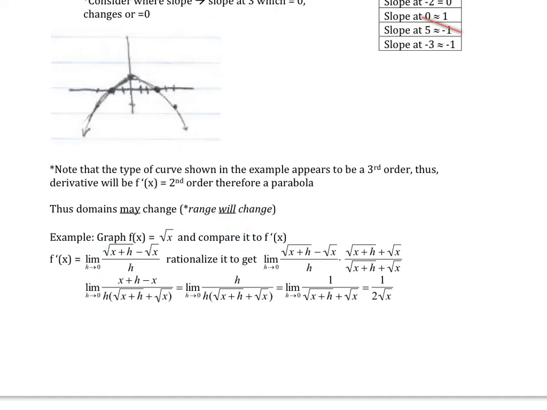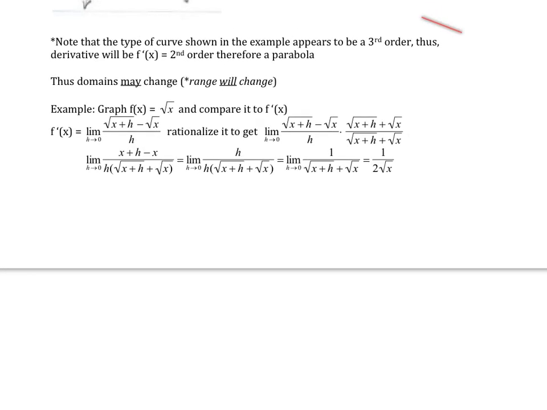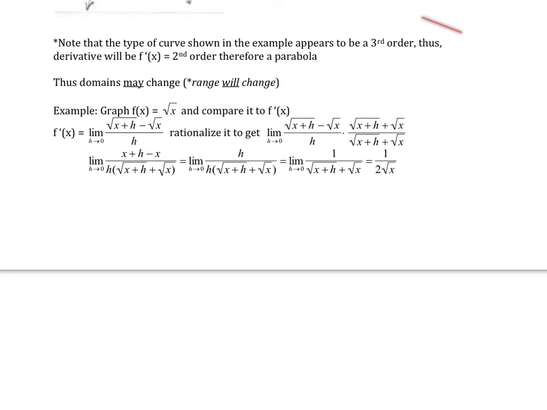All right, so let's do this next example, and we are going to graph, and I'll do this down here, f of x equals root x, and compare it to f prime of x. First of all, I'm showing you how I took the derivative. Here's my function, square root of x, and I want to take the derivative.